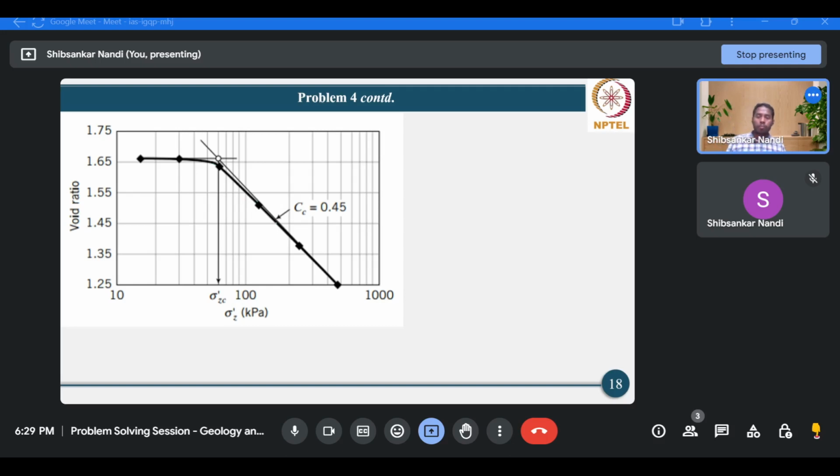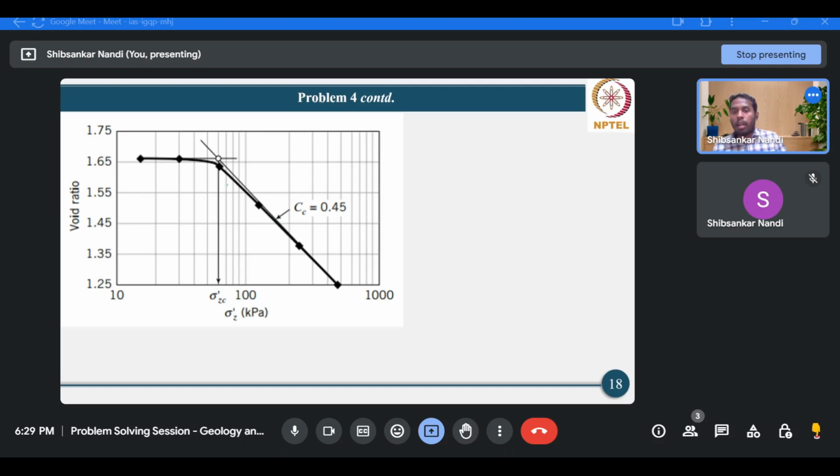Now, you can visualize two trends. First of all, up to the third data point, the slope of the line is very negligible, very mild, followed by a sudden steep gradient.